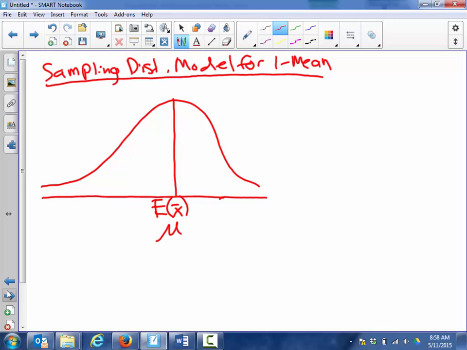So what we can say is that the expected value of a sample mean is the same as mu, whatever the mean of the individual people from the population is. For instance, let's say that X bar is looking at average heights of 20 students at a time here at Yorktown.